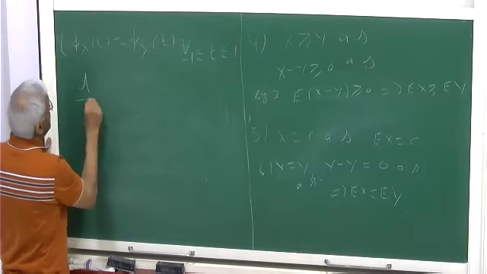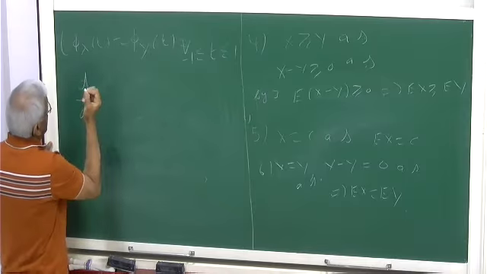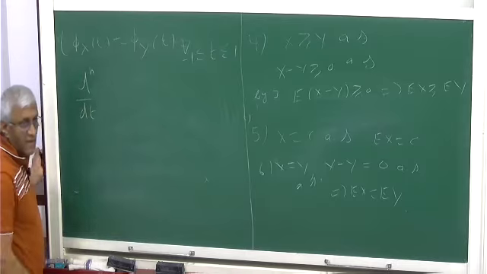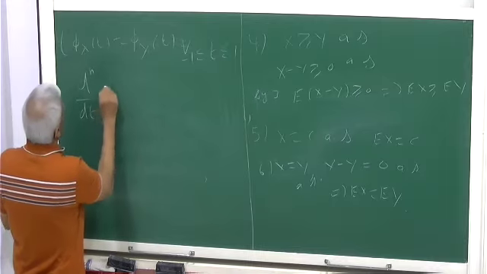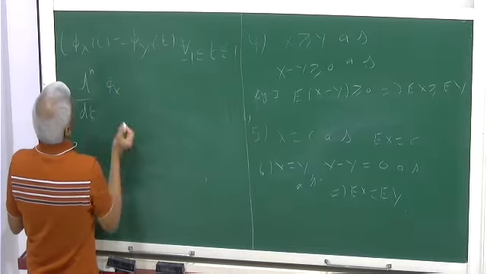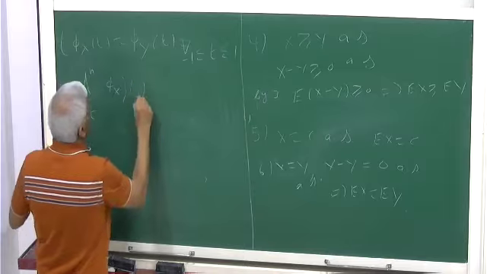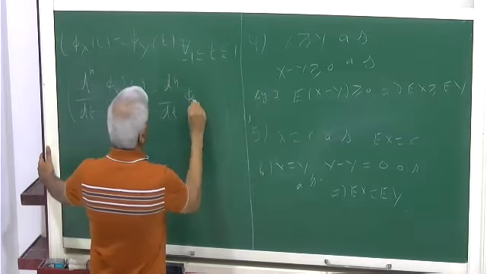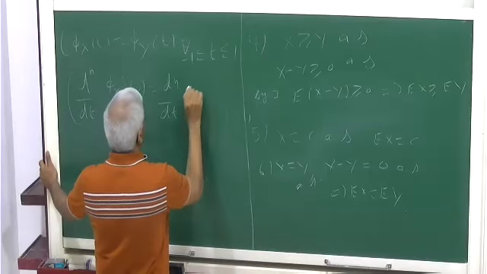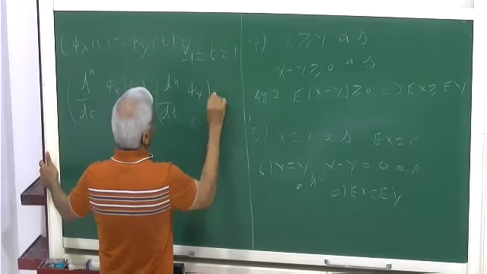You take the nth derivative; n equal to 0 means it's just the function phi x at 0, and the same for phi y at 0.